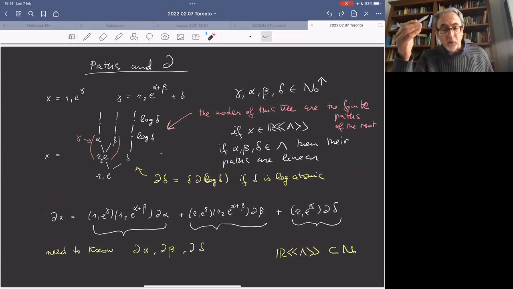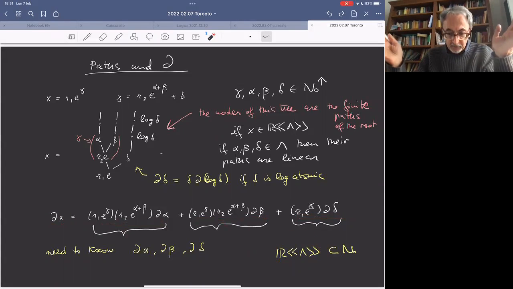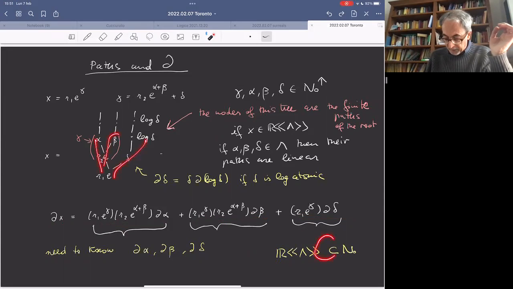This is more or less a comment on what Vincenzo already did. I'm not saying anything new, really, but I'm making just some pictures to illustrate the situation. If you are in the bracket of lambda, you define the derivative of a sum of contributions, and it's fine. Essentially, it's forced if the path that you are considering meets a logarithmic number.